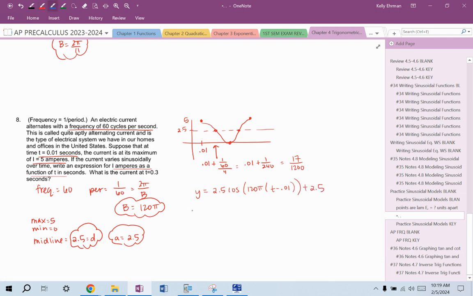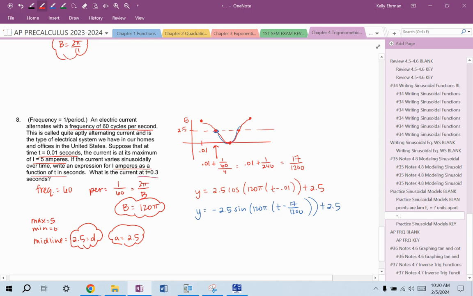If I want to write a sine equation, starting here, it's a negative sine equation, so negative 2.5 sine 120 pi, I need to double check this amount, but t minus 17 over 1200, plus 2.5. And because I'm not quite sure on that shift, because I just remember getting something different, I'm going to use my cosine function. Plus, it's easy for us to make silly mistakes. So why not use the shift that they gave us in the problem to make the prediction?